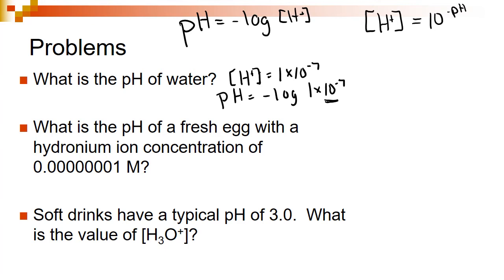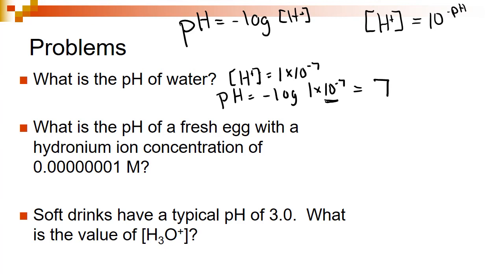It may not be exact, but it'll be close to what that exponent is. Now in this case, because we're taking 10 to the negative 7th times 1, our answer is actually going to be 7. If I would have had you do 2 times 10 to the negative 7th, it would have been close to 7, but not exactly 7. So again, a little bit of math to play with.